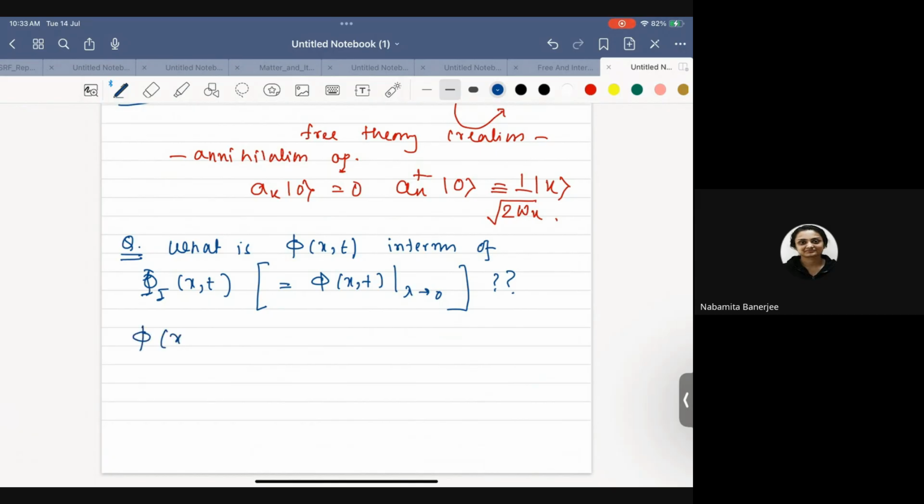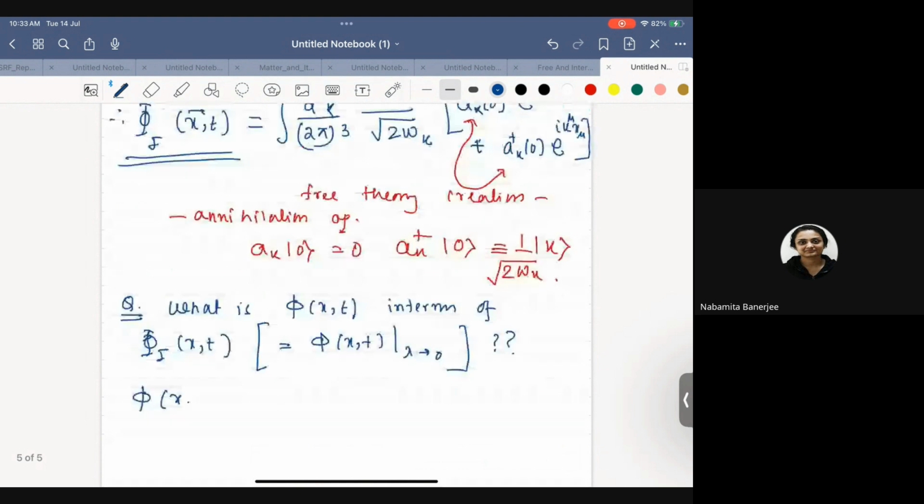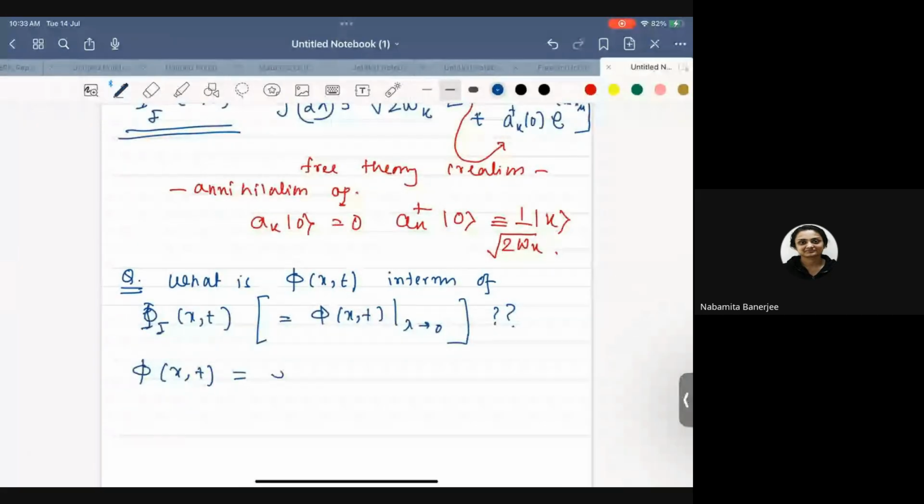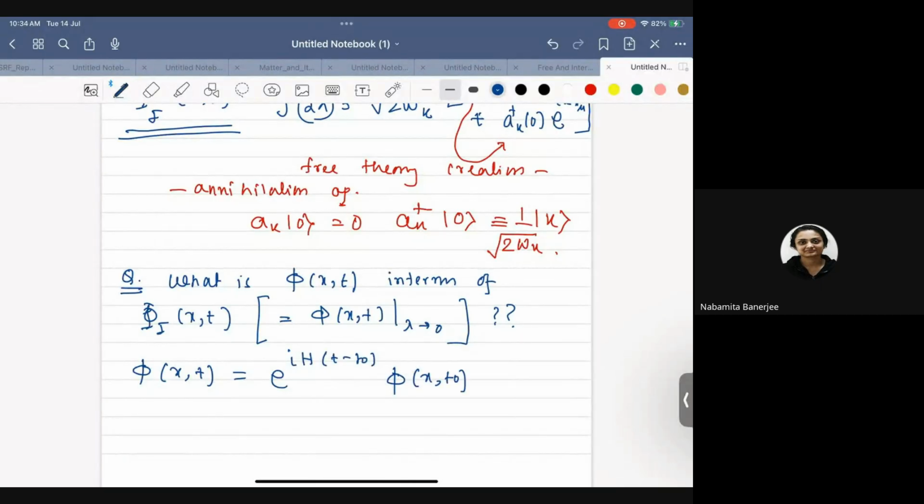So you agree up to this point that phi(x, t), an operator at any time t, would be exponential of i H (t minus t naught) phi(x, t naught) times exponential of minus i H (t minus t naught), with the full H. If I know the operator at any reference time t naught, then I will just evolve it as per the Heisenberg picture and get the operator at any time t.